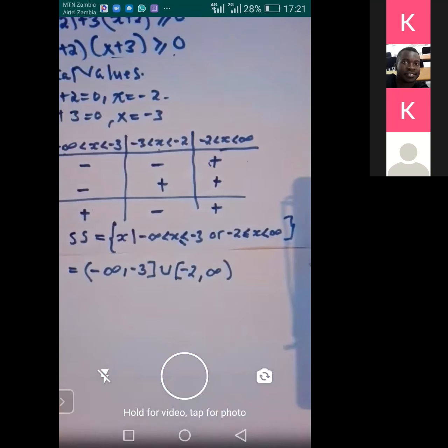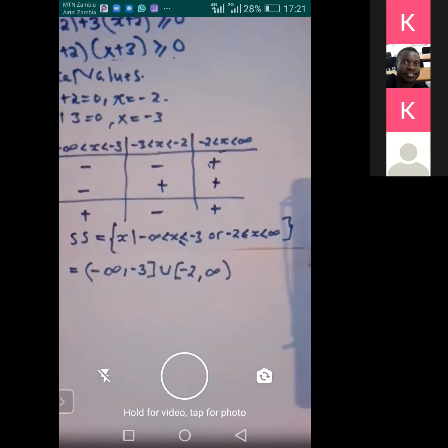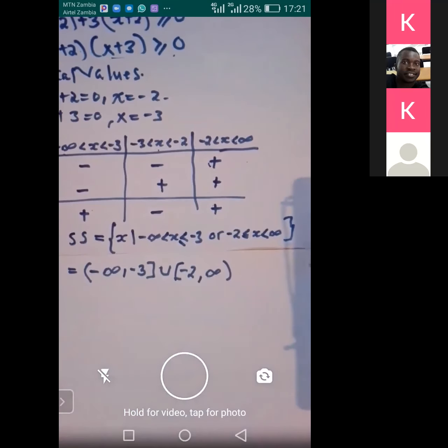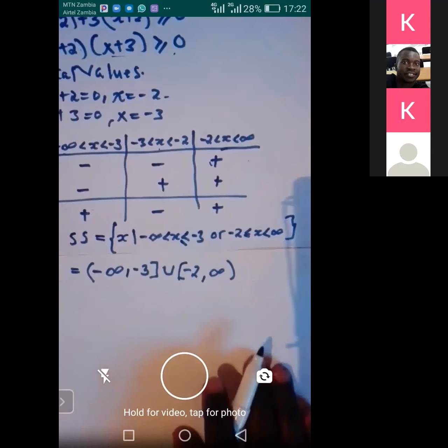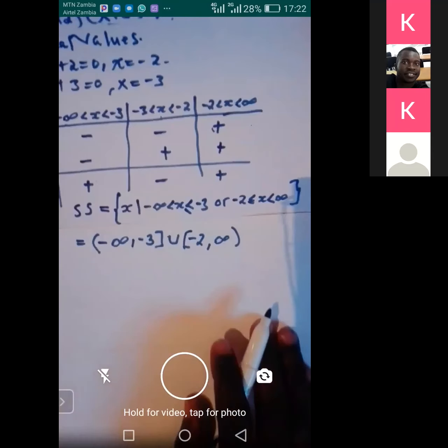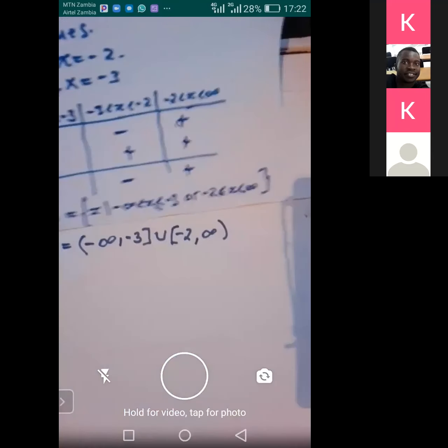Okay, so let's look at our second example on quadratic inequalities. So let's look at example 2.